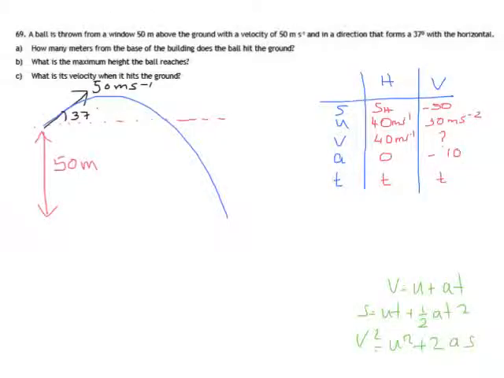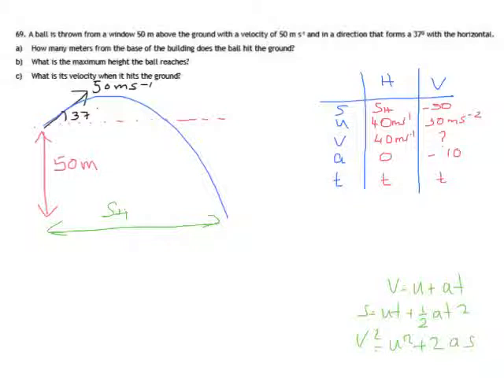Okay, so here's the table completed, and let me just talk you through it. The horizontal displacement is what the question's asking: how many meters from the base of the building does the ball hit the ground? So we've labelled that horizontal displacement. That's what we need to work out in this part.